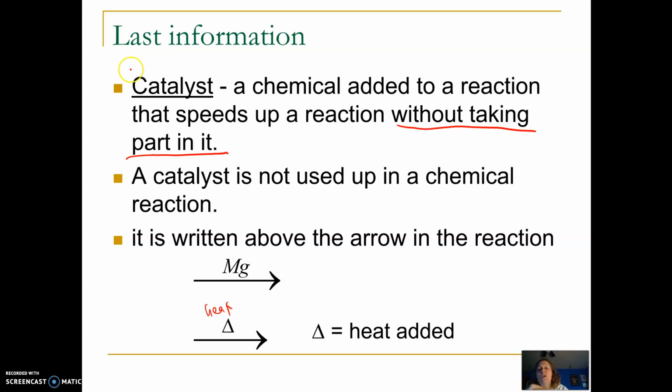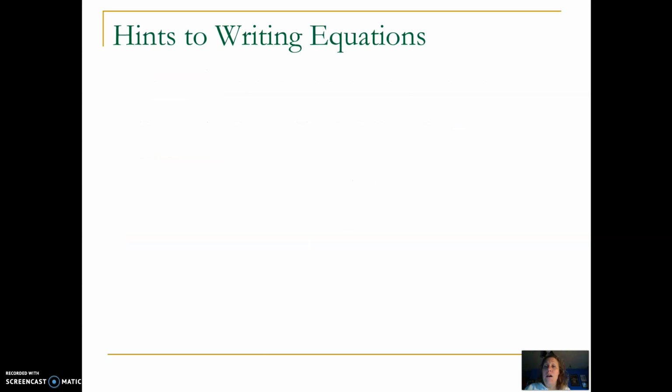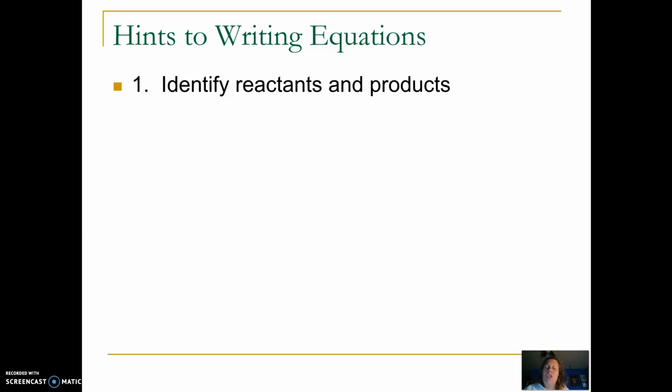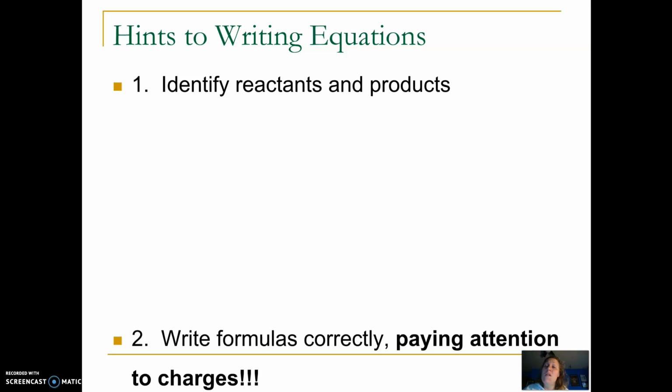But if you see the word catalyst, it is not a reactant and it is not a product. It's written above the arrow. And again, that's a hint for writing the equation, but I'm not going to make you do this. Just identify reactants and products, because they could be written backwards like that one.